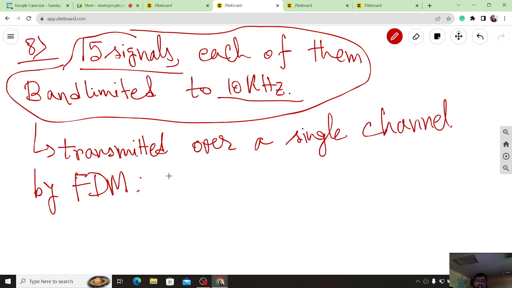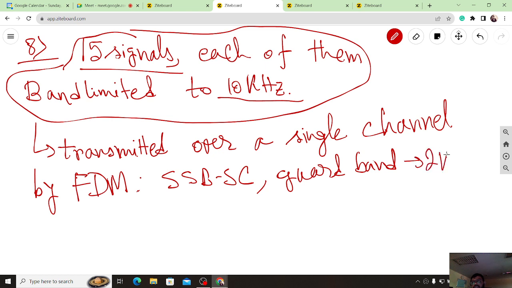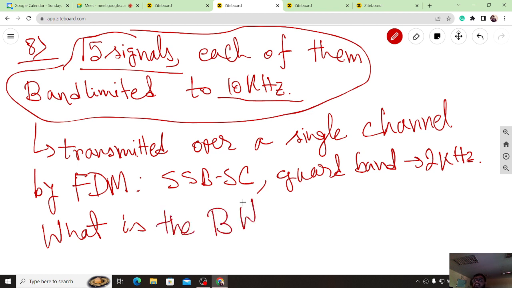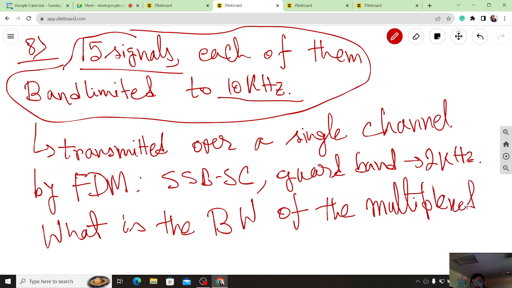Now, if single sideband suppressed carrier modulation is being used with a guard band of 2 kilohertz, then what is the bandwidth of the multiplex signal? I'm just repeating the question once again.